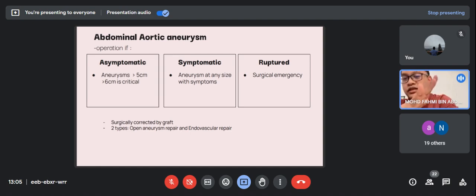You do surgery in 5 and above in female and more than 5.5 in male in asymptomatic patient because the risk of rupture is higher by that size. Okay? So usually dah about 7 to 8% because surgery punya risk either one lah, you nak buat open ke endovascular is about 5% je mortality risk, mati lah 5%. Okay? Tapi rupture is about 7-8% lah. You tak buat apa-apa, rupture lagi tinggi mati.